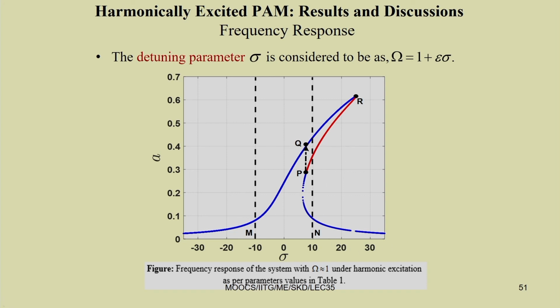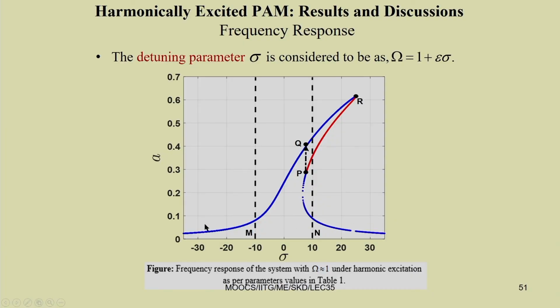If you use the Runge-Kutta method to find this frequency response plot, you have to solve that equation, for example, at more than 1000 points. At each value of sigma you have to solve the equation using Runge-Kutta, and you require a huge memory space to store those 1000 data, and from those data again you have to find the steady state value of A to plot this response.